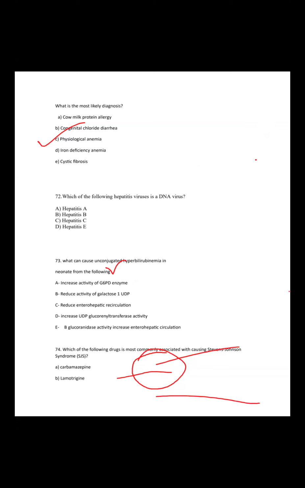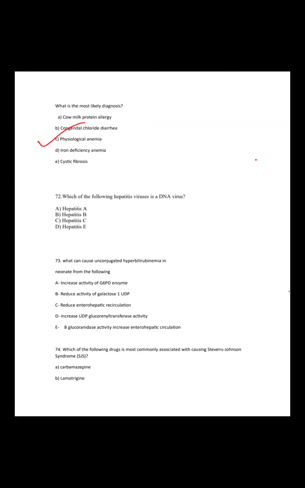Which of the following is a hepatitis DNA virus? Hepatitis B is a DNA virus. Which can cause unconjugated hyperbilirubinemia in the neonate? It is because, as we have discussed already, beta glucuronidase activity increases enterohepatic circulation.